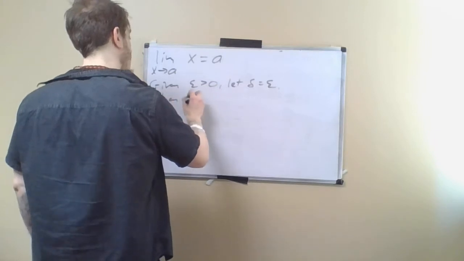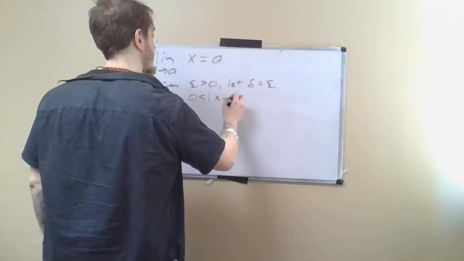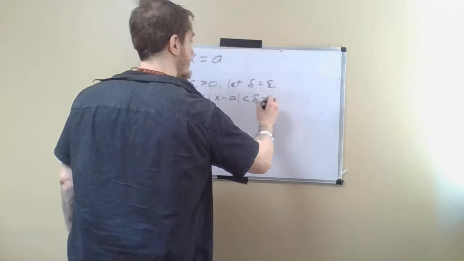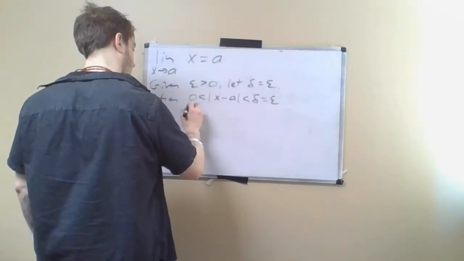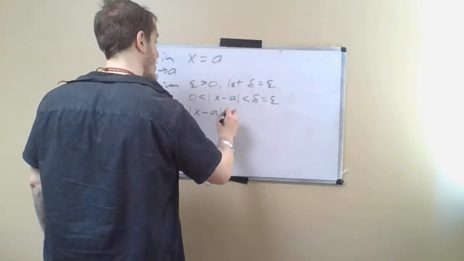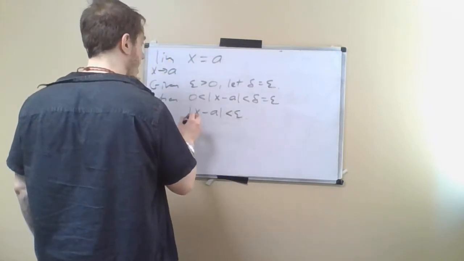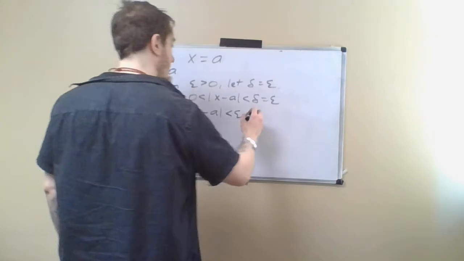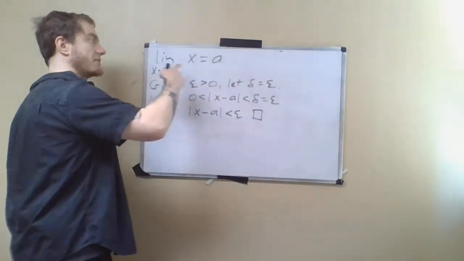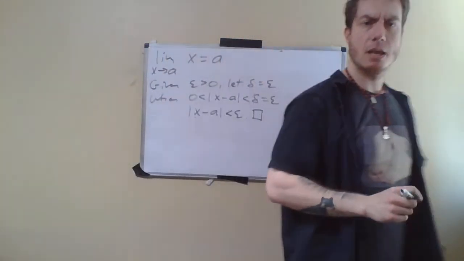Then when 0 is less than absolute value of x minus a, is less than delta, which is equal to epsilon, absolute value of x minus a is actually less than epsilon. But this is my function and this is my limit. So therefore, we have established this fact.